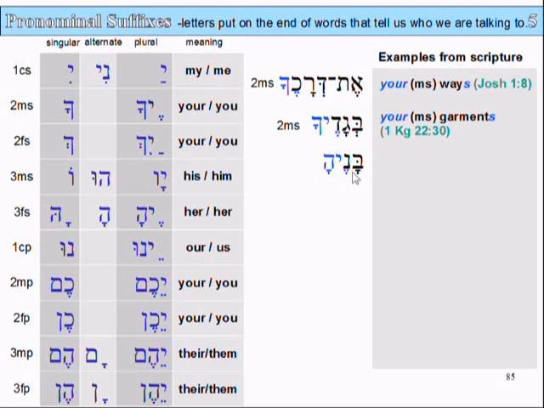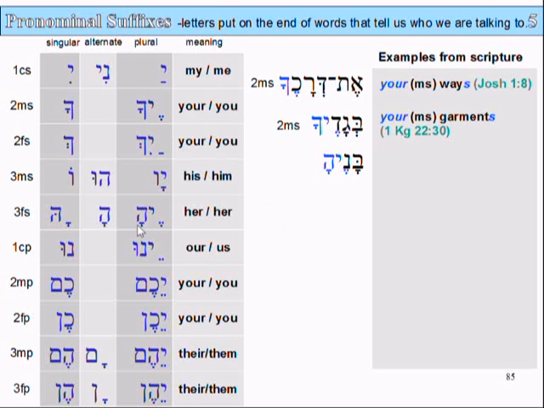Baneha. Can you see this in the table here? Where is it? Baneha. Here we go. So it must be her something or other in the plural. Well, Ben is son, and Baneha is her sons.